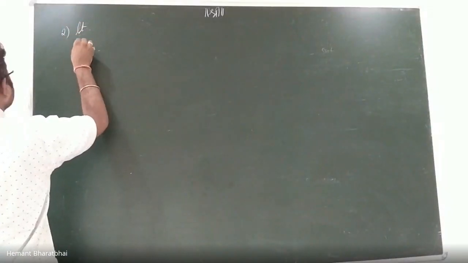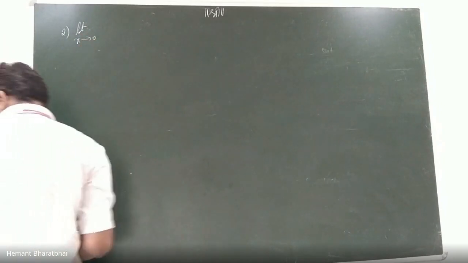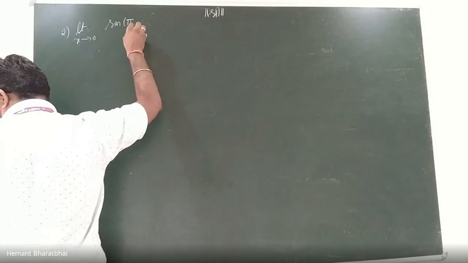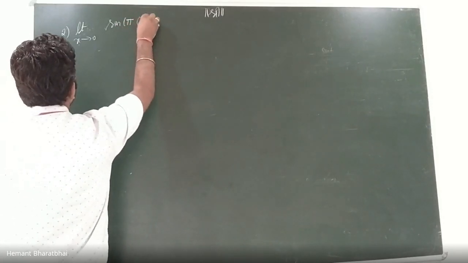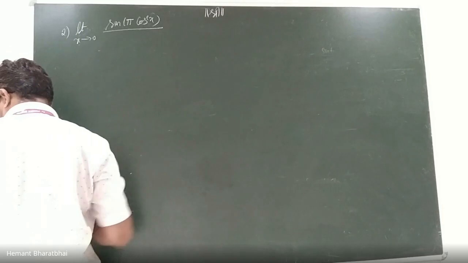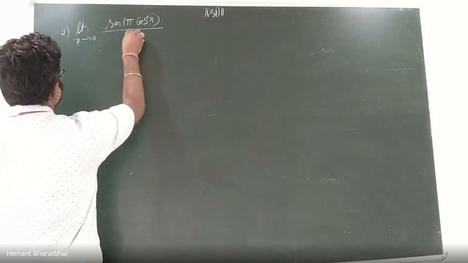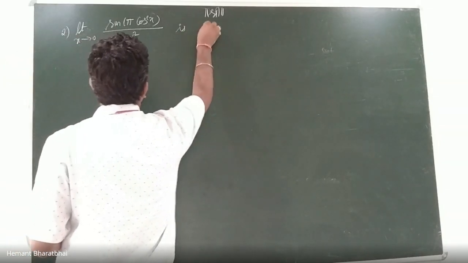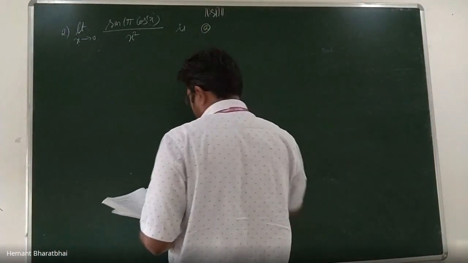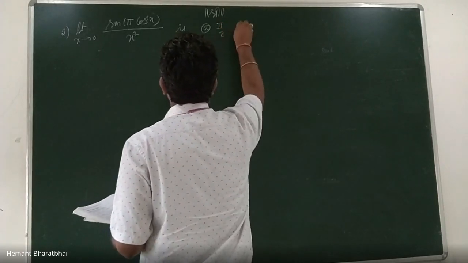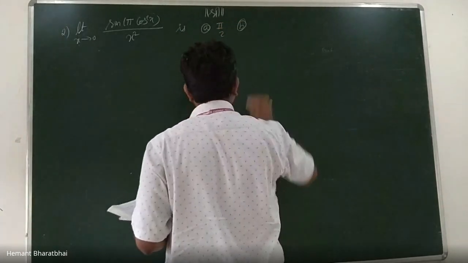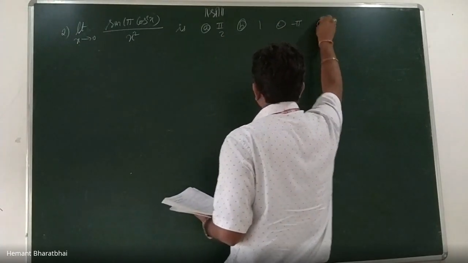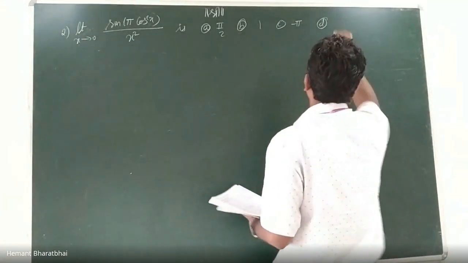Next question. Limit of x tends to 0, sine of pi cos square x upon x square is equal to: option number A, pi by 2; option number B, 1; option number C, minus pi; and option number D, pi.